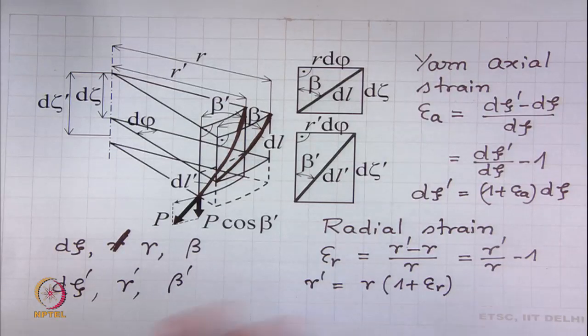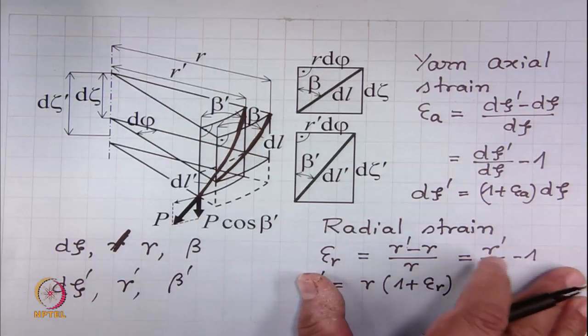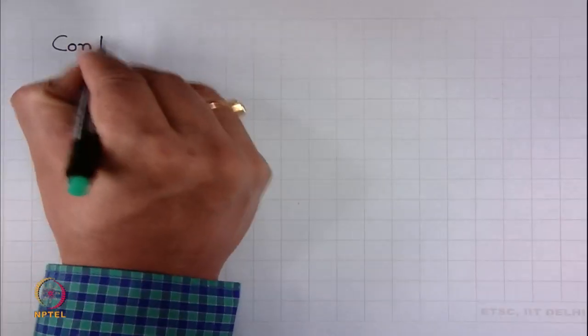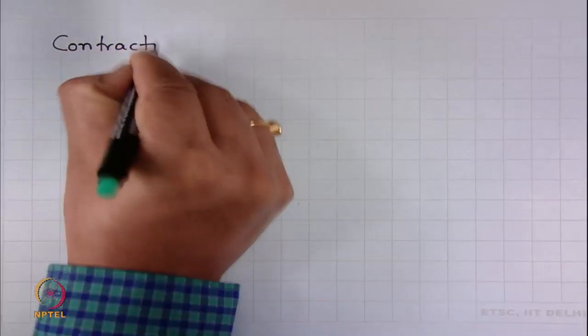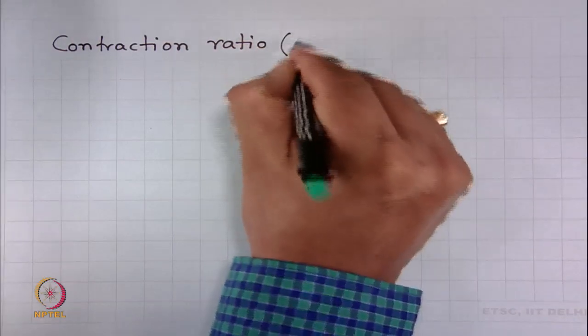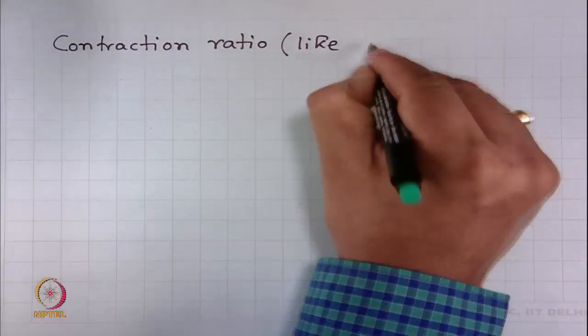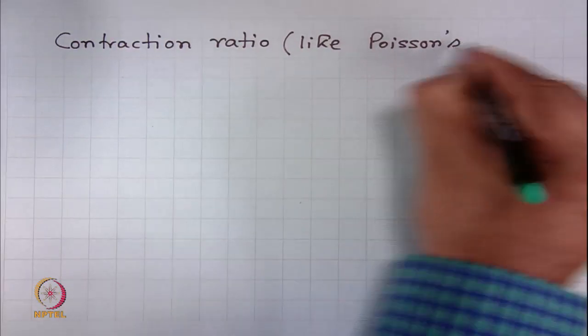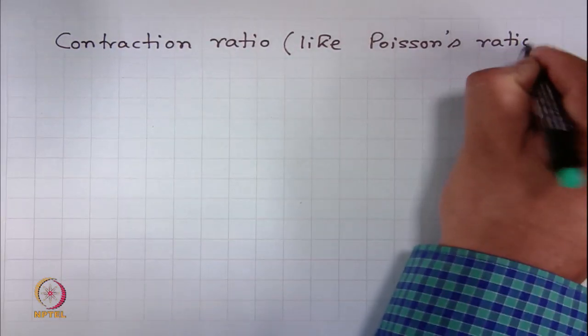Then we define the contraction ratio, similar to Poisson's ratio. What is Poisson's ratio? It is the ratio of radial strain by axial strain. So, we define the contraction ratio, which is like Poisson's ratio.